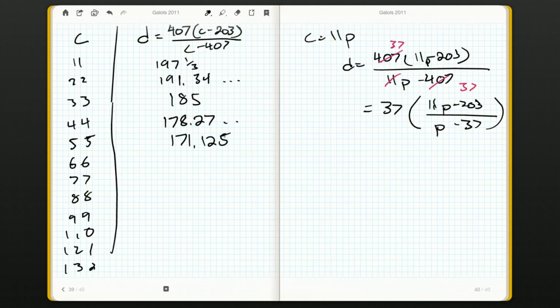Now 66, this one might actually do something. So 66 minus 203 divided by 66 minus 407 multiplied by 407. Nope, 163.516. Okay. So 77 minus 203. This seems like it's taking way too long. 155.4.